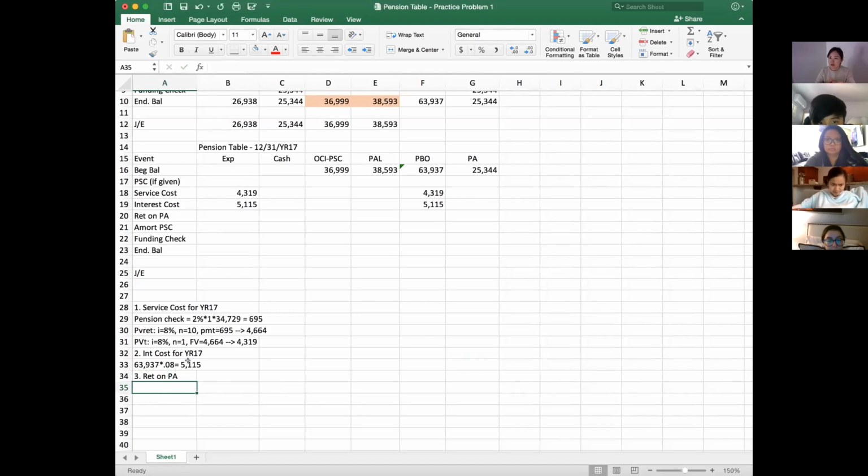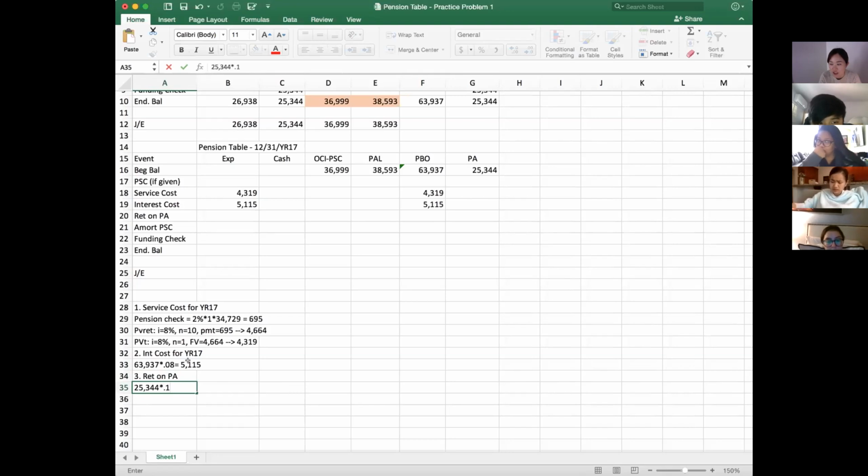We can calculate it easily. Take the beginning plan asset balance, which is 25,344, multiply that by the expected rate of return, not the discount or settlement rate. Expected rate of return is given at 10%.